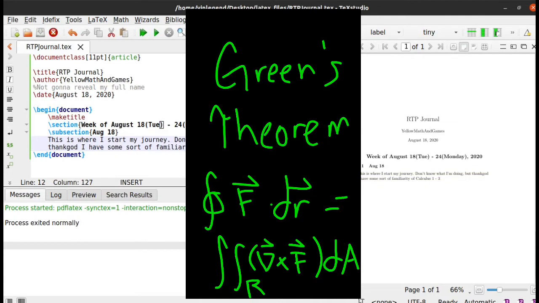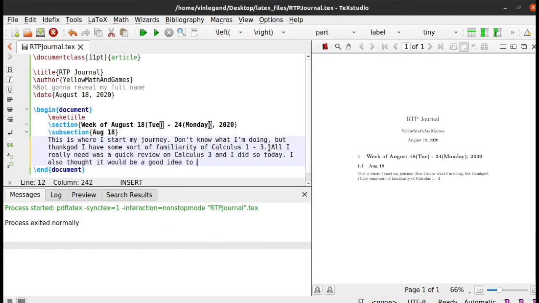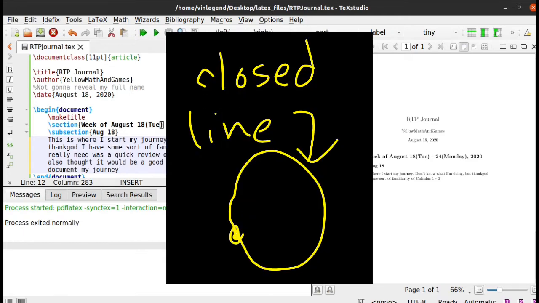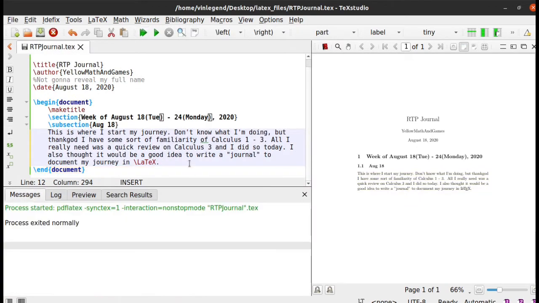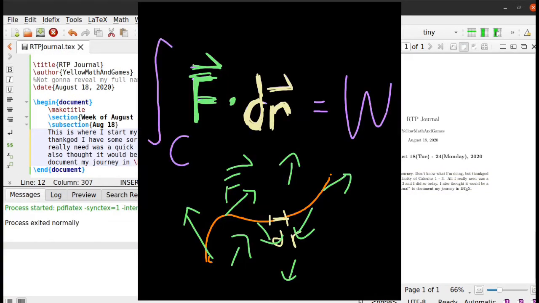But for those who are unfamiliar, Green's theorem is basically a way to evaluate a closed line integral. Closed meaning the beginning point of a line meets with the end point of the same line. A line integral, in its most basic interpretation, you could say it's the work.